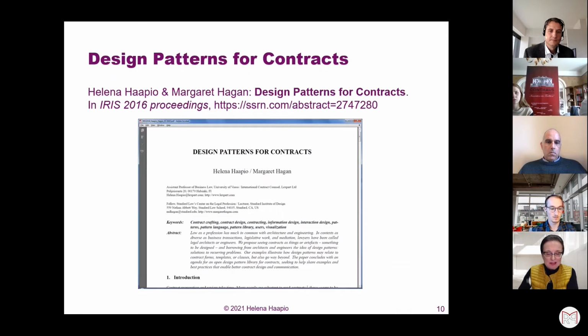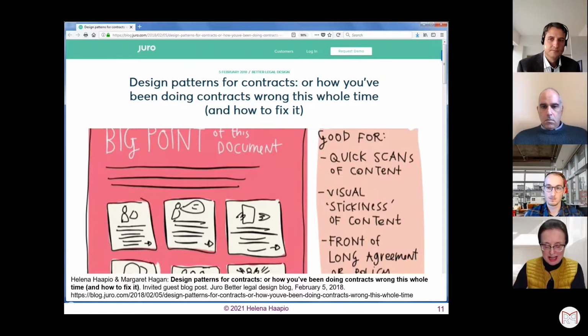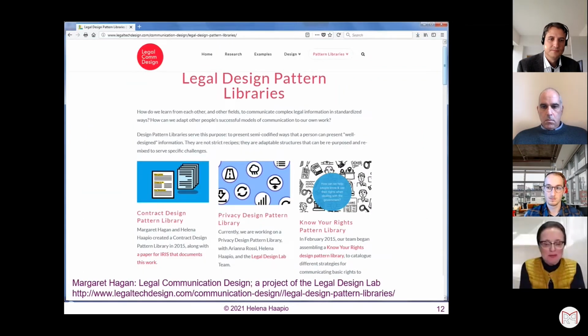Wrote a paper. It's on SSRN. We also wrote some practitioner-oriented paper, less academic, like this one for Juro's blog post, Design Patterns for Contracts, or how you've been doing contracts wrong this whole time and how to fix it. Legal design pattern libraries are, of course, not just about contracts.